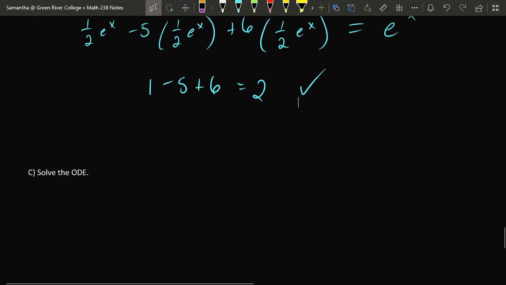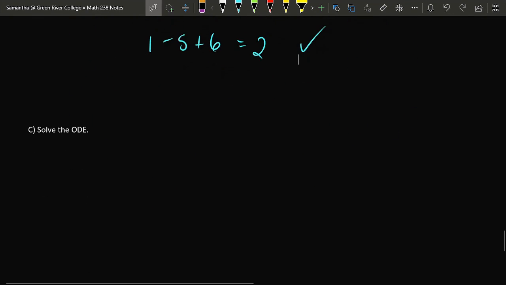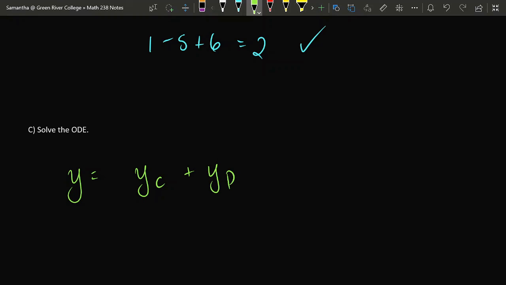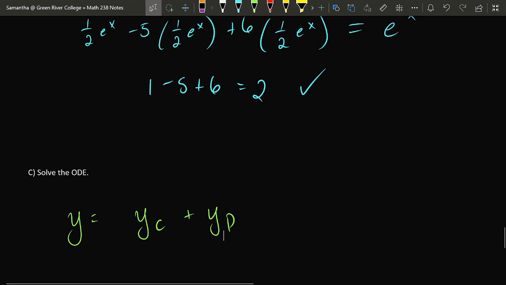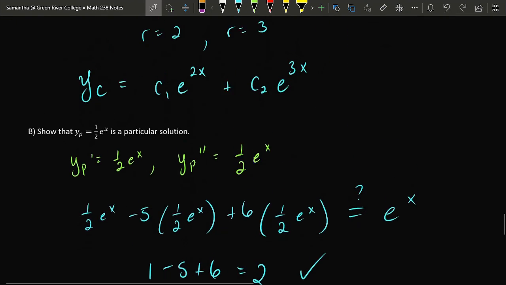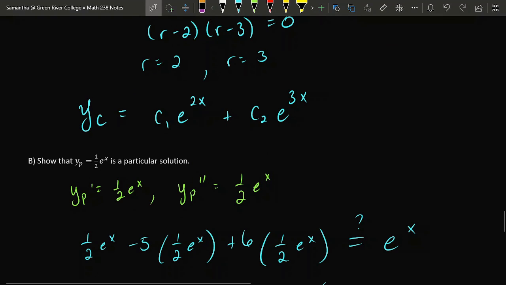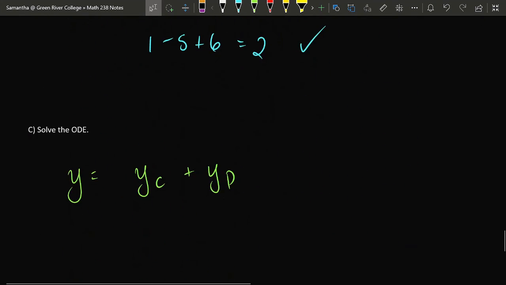So finally, what's the general solution to the differential equation? What do all the solutions to the differential equation look like? They look like the combination of the complementary function and the particular solution that we found in part B. The complementary function was c1 e to the 2x plus c2 e to the 3x.